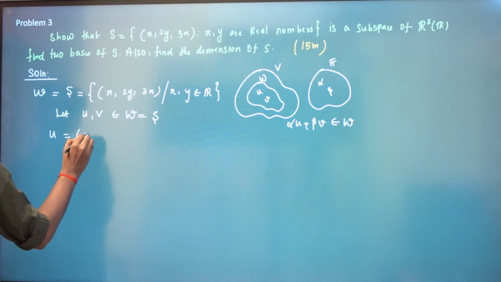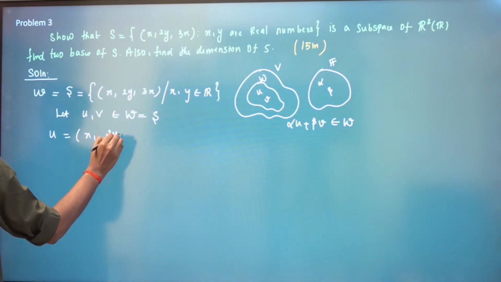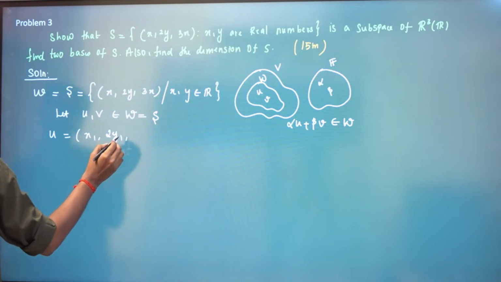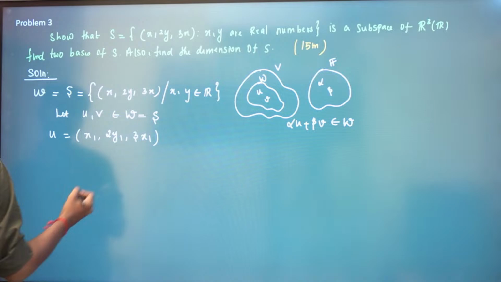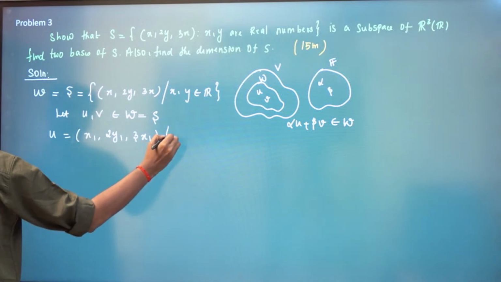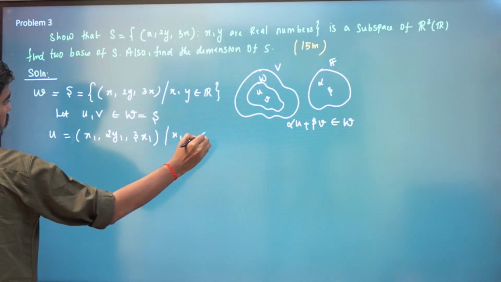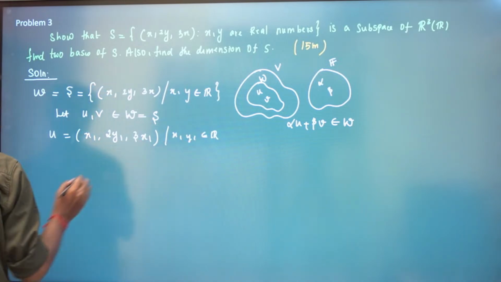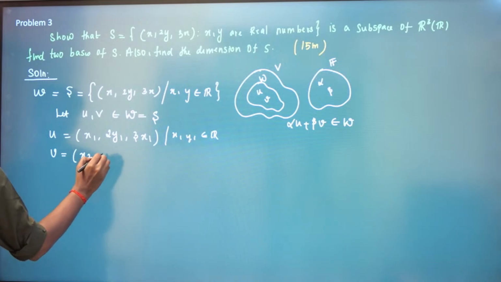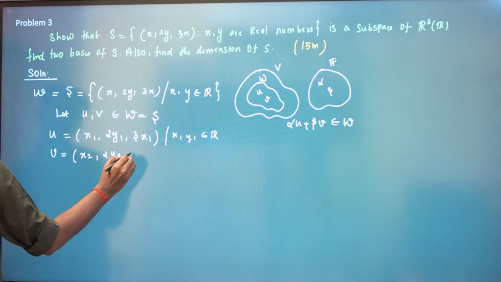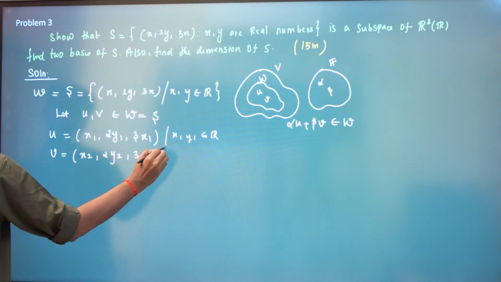Let us take u to be (x1, 2y1, 3x1), where x1, y1 belong to real numbers. And similarly, let us take v to be (x2, 2y2, 3x2).